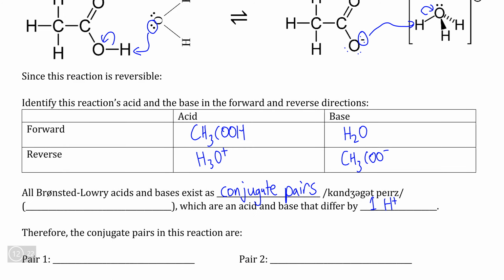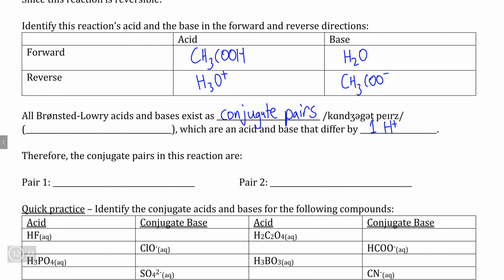For example, our first conjugate acid-base pair is acetic acid, where we can see that it has a hydrogen here that is easily ionizable, but then the conjugate base form, CH3COO-, has a negative charge in place of where the H+ would be.